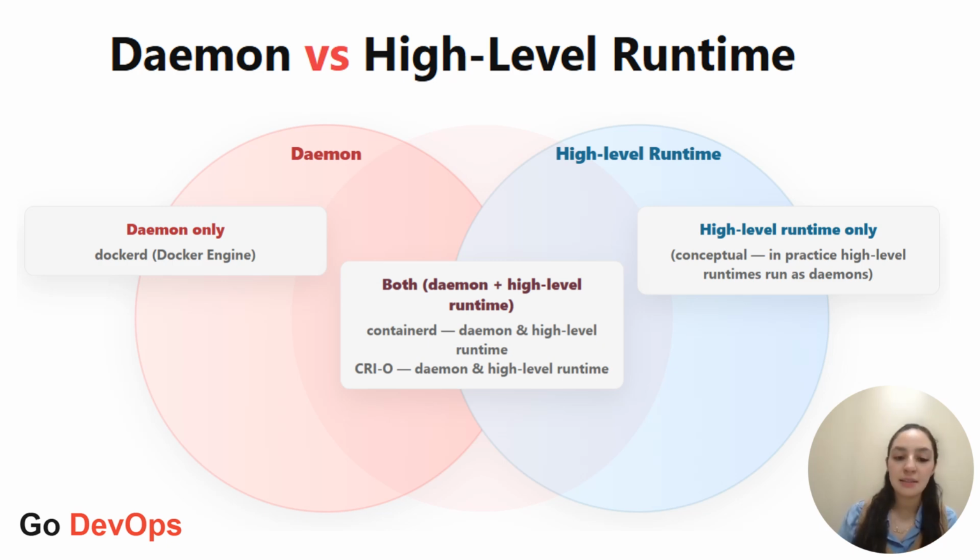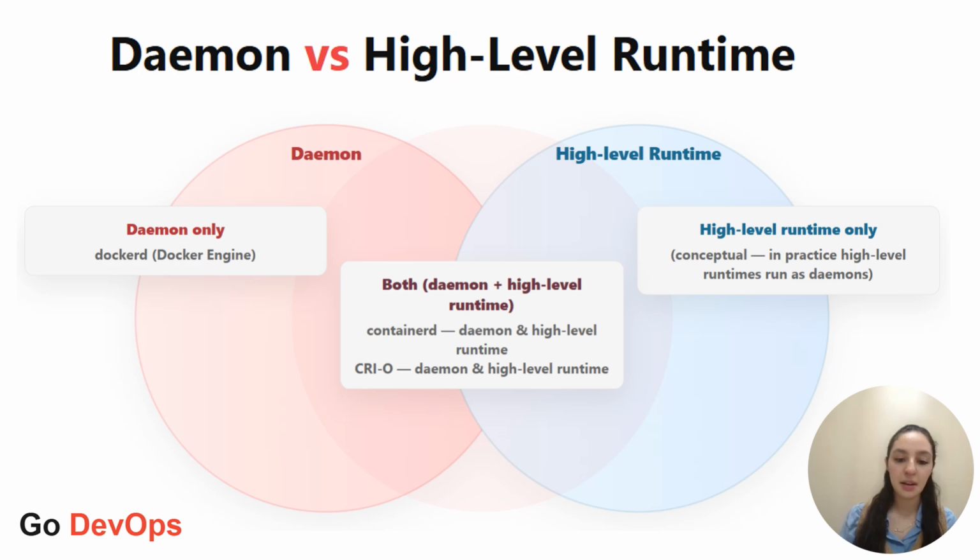It delegates that job to something else. A high-level runtime, on the other hand, is a component that manages containers. So it handles images, snapshots, and container lifecycle. But in practice, most high-level runtimes are also implemented as daemons because they need to be always running in the background.